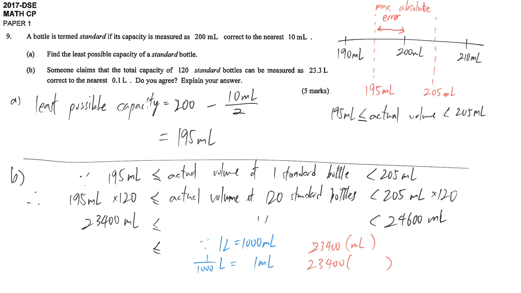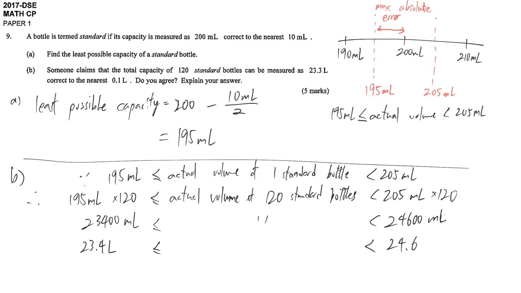So you may replace ml by 1 over 1000 liter, just like a simultaneous equation. Then you get 23.4 liters, and the right-hand side we have 24.6 liters.